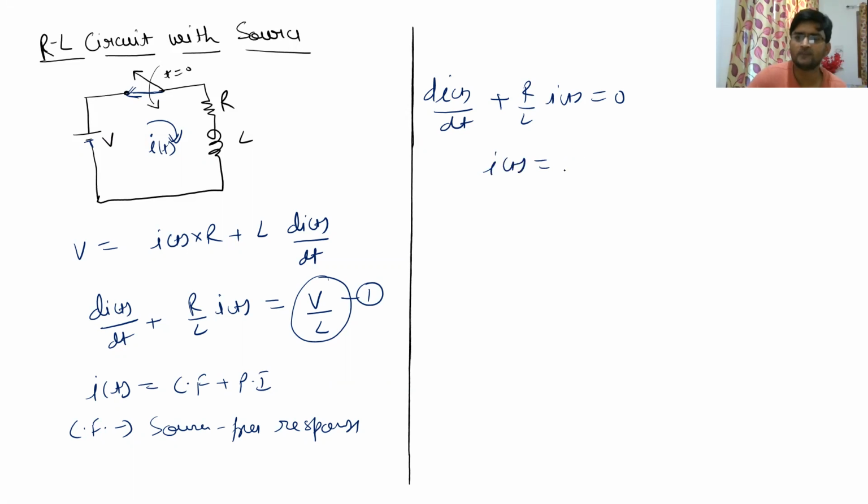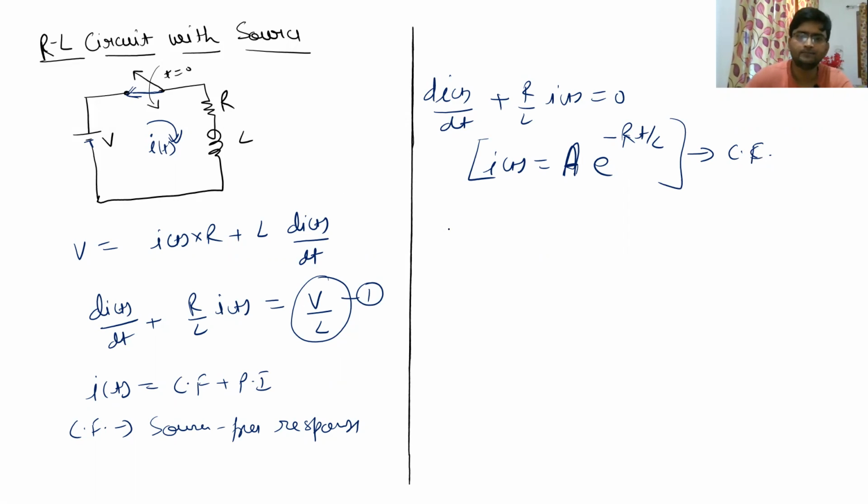I(t) is going to be some constant A e to the power minus RT by L, as we have just discussed earlier. We are not going into the value of A, which is the initial value of current I(t). Let us leave it for later. So we will be getting this constant A, and the current I(t) will be in this form of exponential, and this is called your complementary function for the solution.